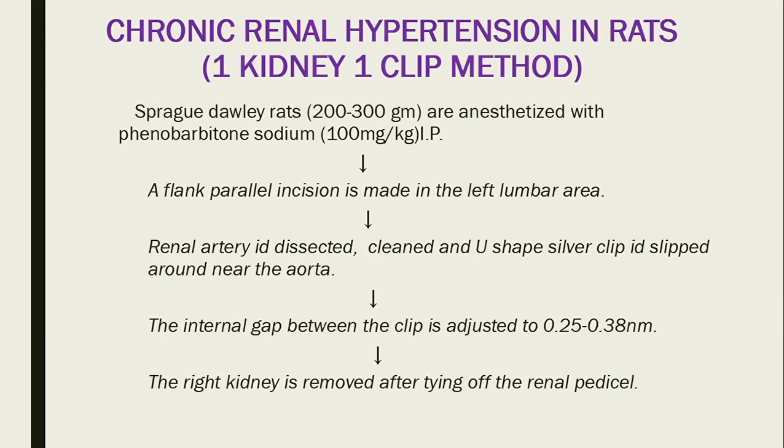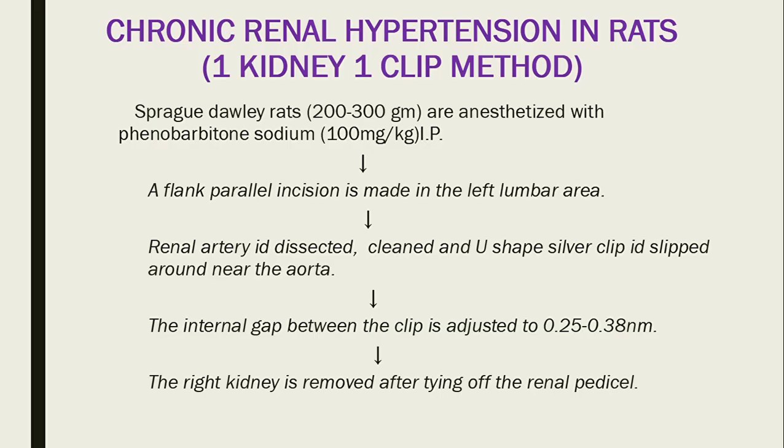Then another model is chronic renal hypertension in rats, that is the one kidney, one clip method. Sprague-Dawley rats, 200 to 300 gram, are anesthetized with phenobarbital sodium 100 mg per kg IP, intraperitoneal. A flank parallel incision is made in the left lumbar area.